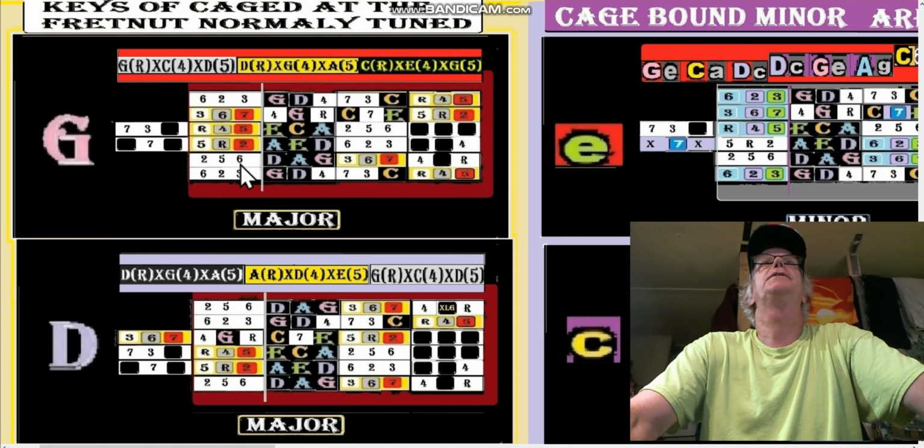Okay, so that's the second position. Let's find that C-shaped fourth now. So that's the first position rather.